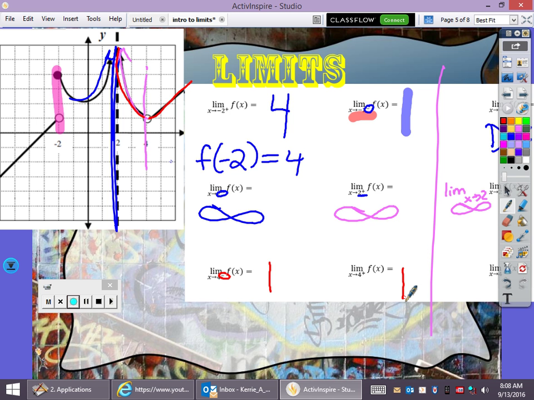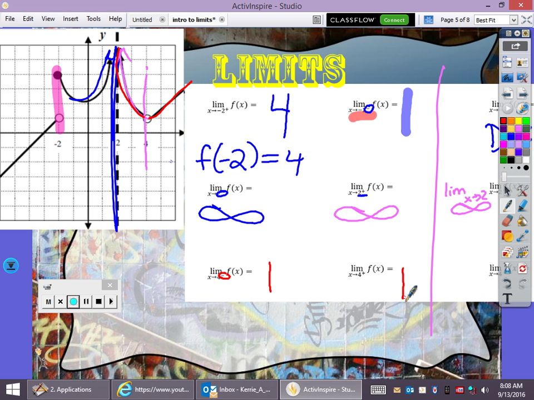The limit at exactly 4. How many locations are marked at 4? 1.